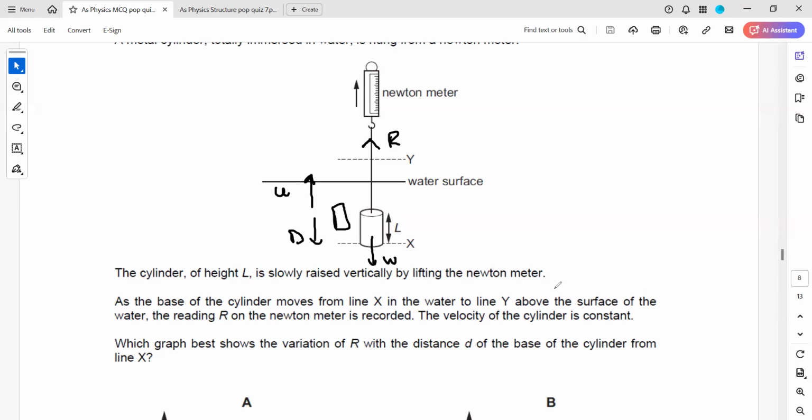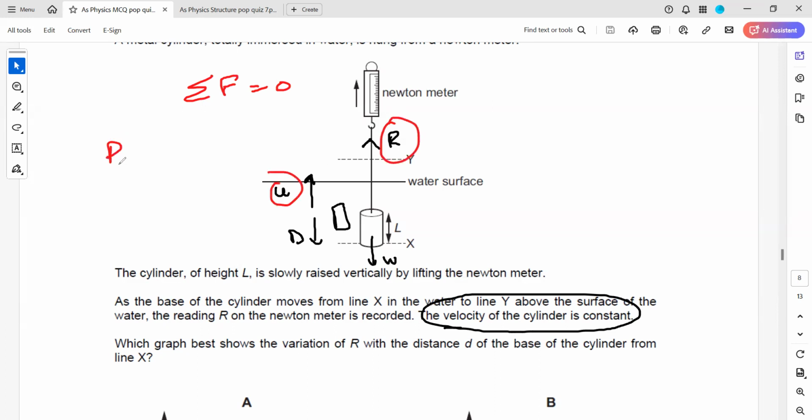In the question they mentioned it is moving at a constant velocity, so there should be no resultant force. So the total upward force should equal the total downward force. The upward forces are R and U, and the downward forces are the drag and the weight. Or I can say R plus U minus drag minus weight equals 0, because this object is not accelerating.